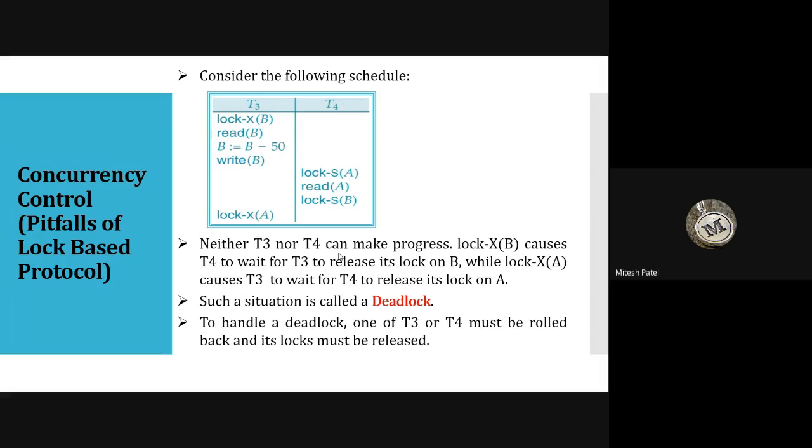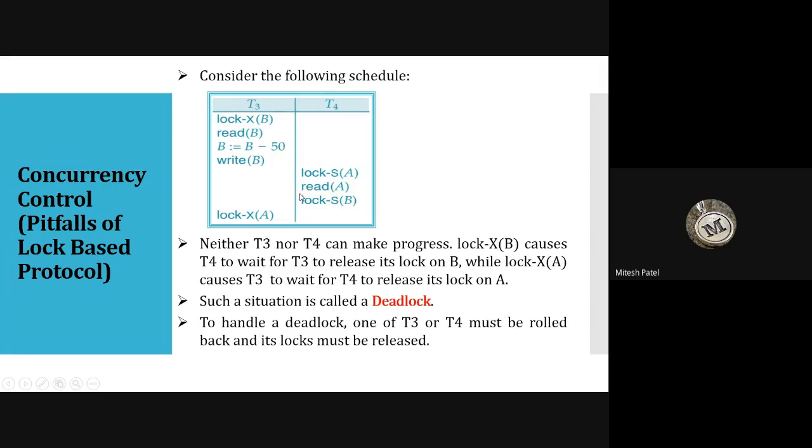Now the second one. If T3 is going on after T4 requests lock S on A and reads A, then lock S on B. यहाँ पे B की वेट कर रहा है T4. जब तक T3 रिलीज नहीं करेगा, till that time T4 waits for the data item B. But some other transactions like T5, T6 request on data item B and get the lock.